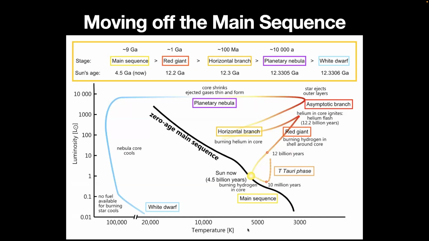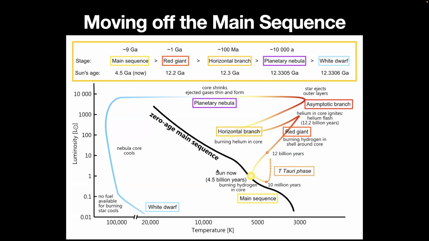This is a representation of the HR diagram, luminosity up here, temperature down here, the main sequence, this black line. So we have a star on the main sequence that is less than 8 solar masses. It's fusing hydrogen in its core until one day the hydrogen runs out. All the hydrogen has been converted into helium.